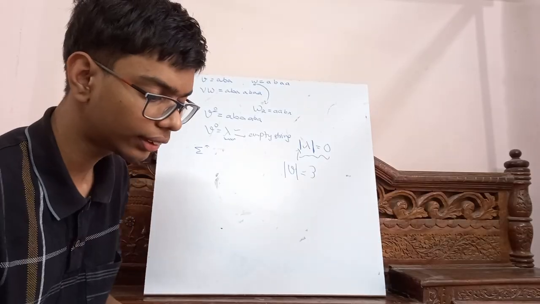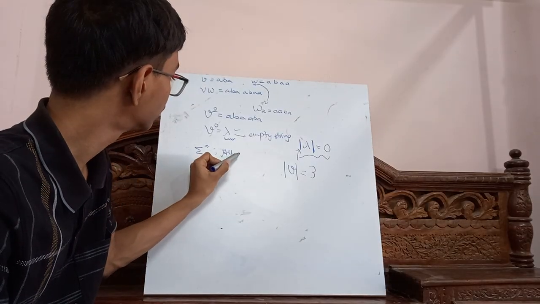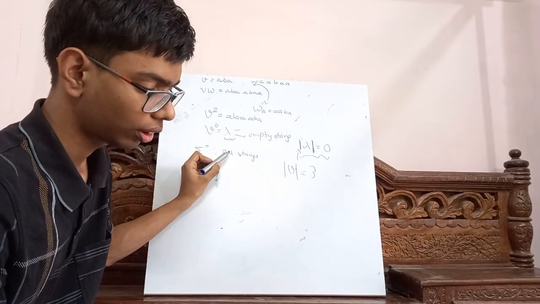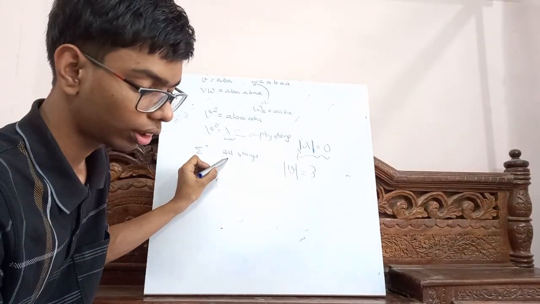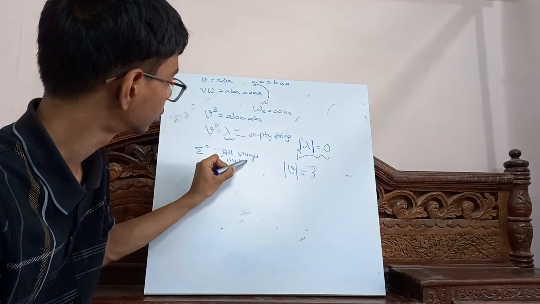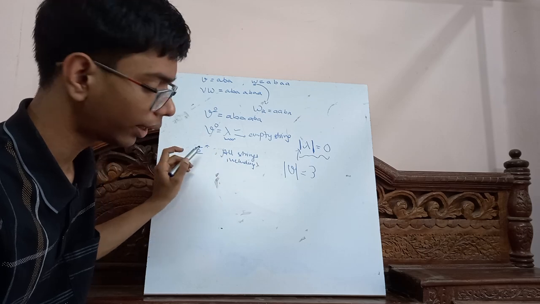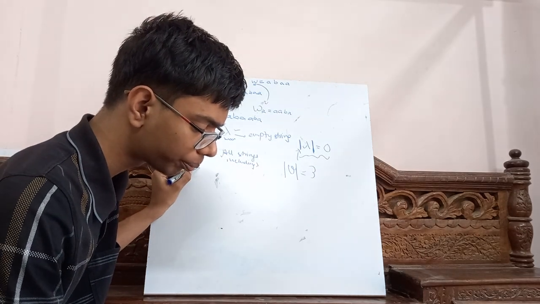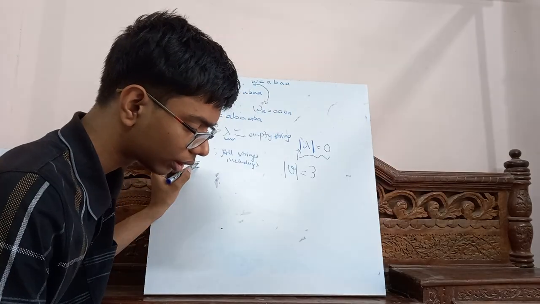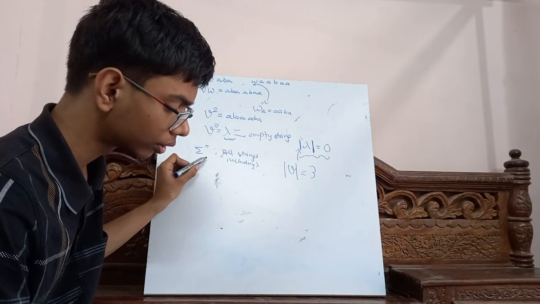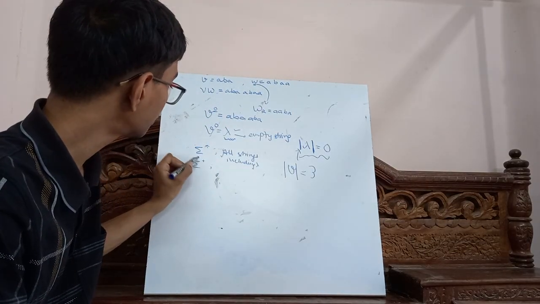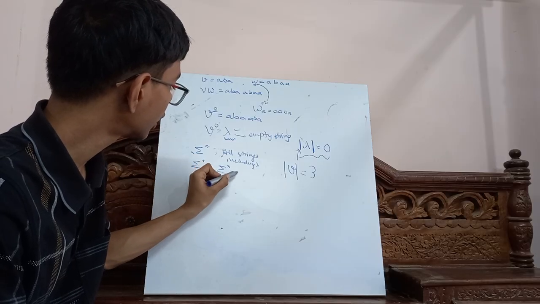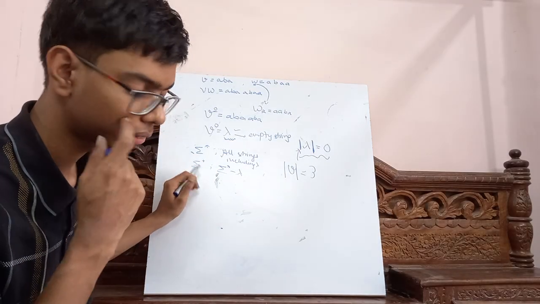So I can write this as all strings including lambda. And sigma plus is the same but without the empty string. So basically this is sigma star minus lambda. Right.